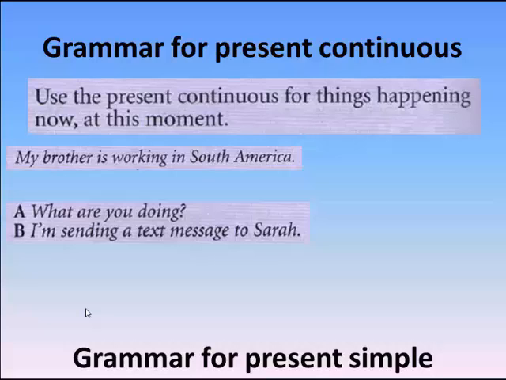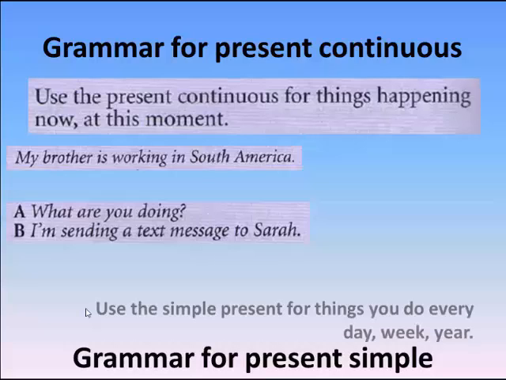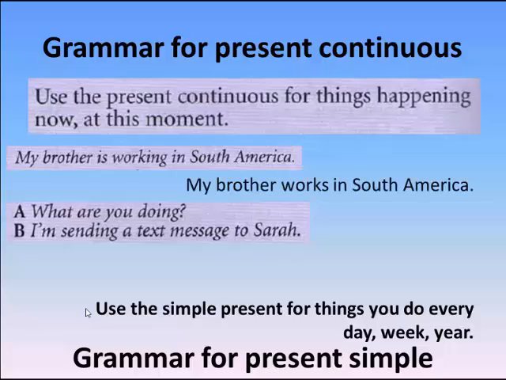If we compare this to the grammar for present simple, we use the simple present for things you do every day, every week, every year, for routine. So, if I say my brother works in South America, he always works in South America. He lives in South America.